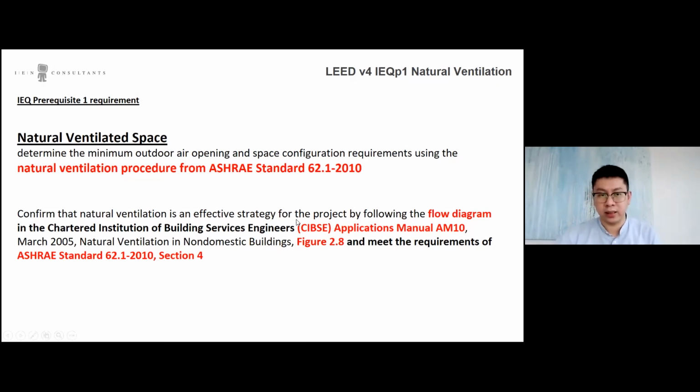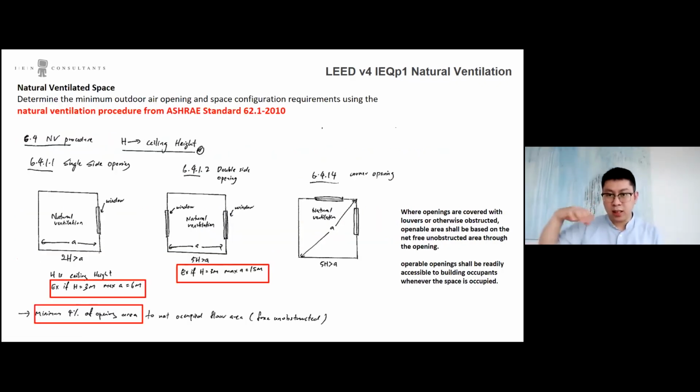Okay, let's look at step number 1 first. In step number 1, the natural ventilation must have an adequate opening. In 62.1, there's a requirement on the space length, which is determined by the height of the window, or rather the opening side of the window.